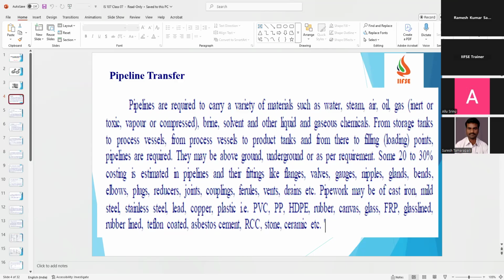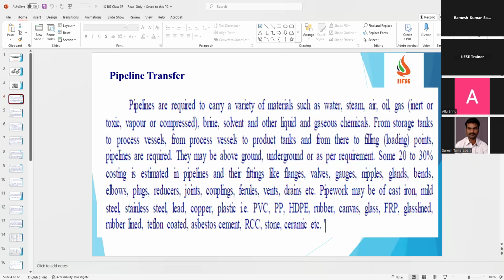Pipelines are required for the raw materials: from raw material storage in the tank farm area to the process vessels, to the reactors. From the reactors, after the completion of the process, to the product tanks, which are finished goods product tanks. From there, it will go to the loading or packing area.